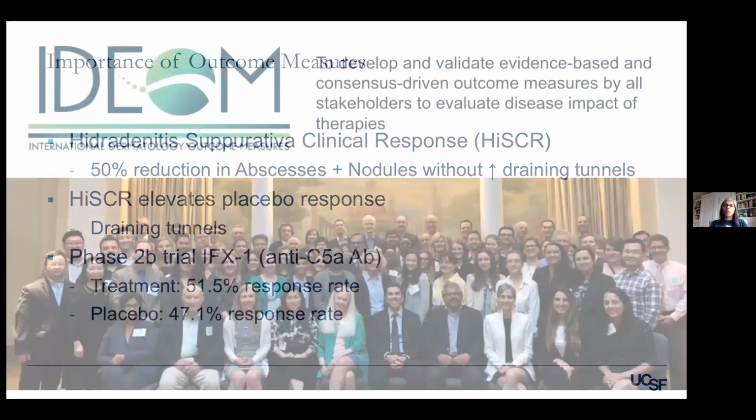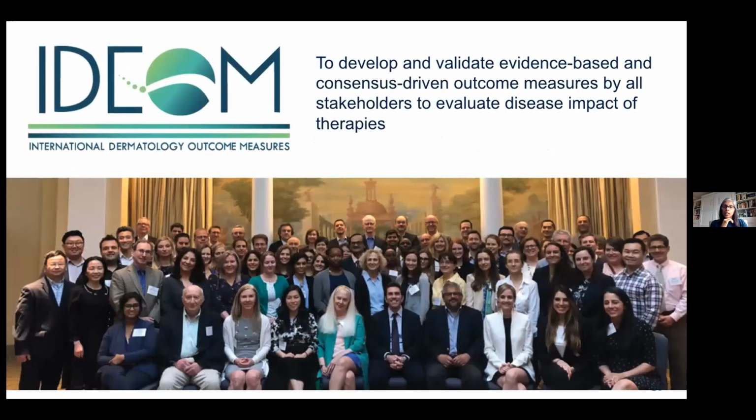So getting good drugs approved into the market requires better outcome measures, and the development of tools has really been the focus of this group called HiSTORIC, which is part of the International Dermatology Outcome Measures effort that's been led by Alice Gottlieb over the last several years. This group is a group of investigators, industry partners, patients, and the FDA that is developing investigator and patient outcome measures for HS.